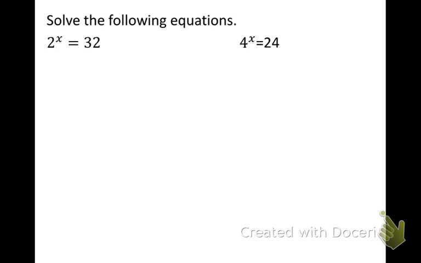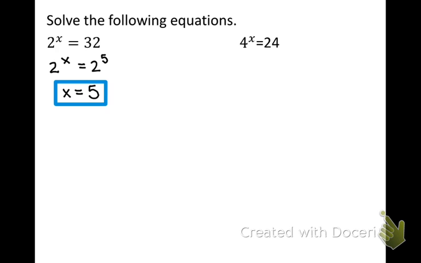And there actually is. 32 is 2 to the 5th. So this would be the same as 2 to the x equals 2 to the 5th. Now that they have the same base, I just set their exponents equal to each other, and I get that x equals 5.